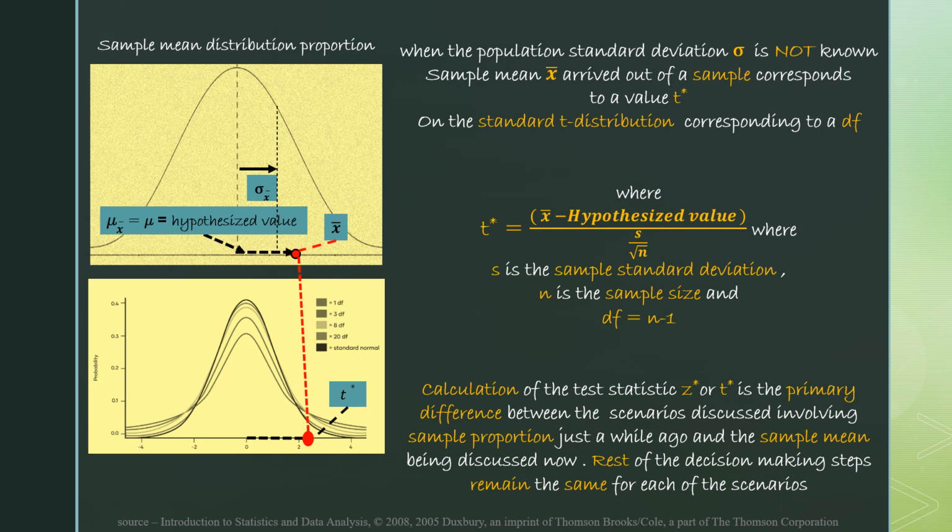Note, the calculation of the test statistic z star or t star is the primary difference between the scenarios discussed involving sample proportion just a while ago and the sample mean being discussed now. The rest of the decision making steps remain the same for each of these scenarios.